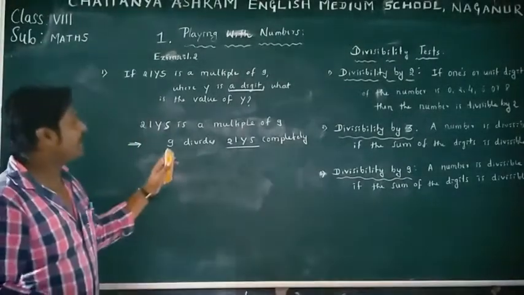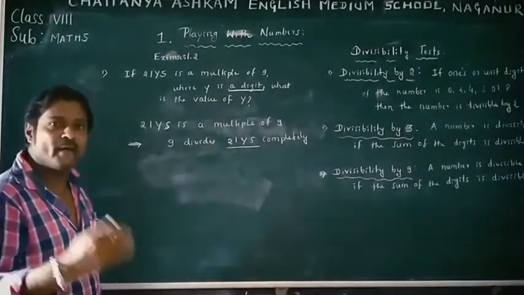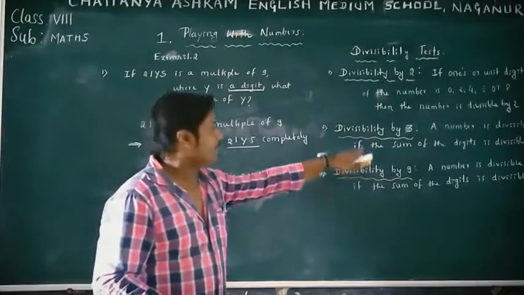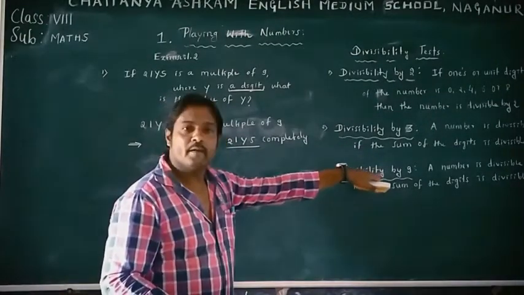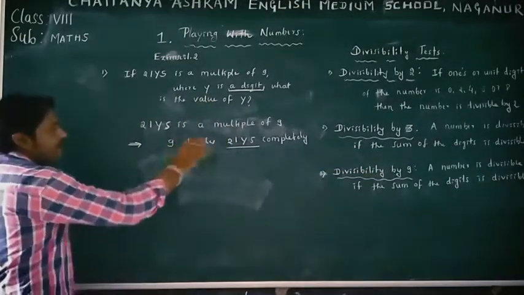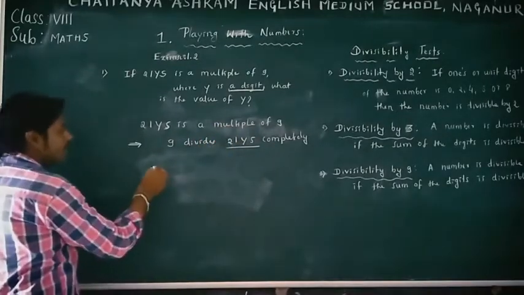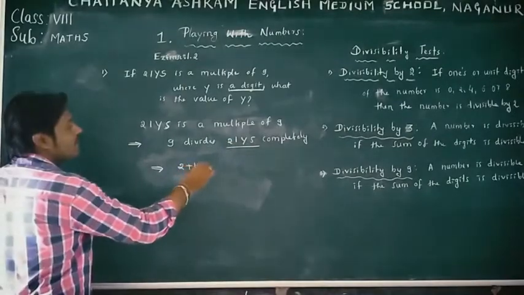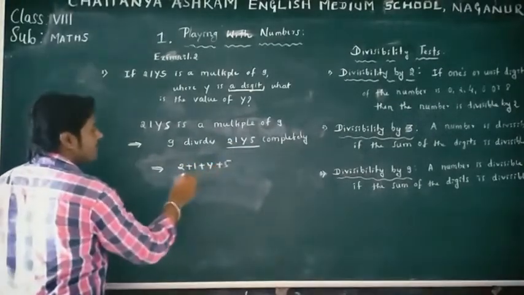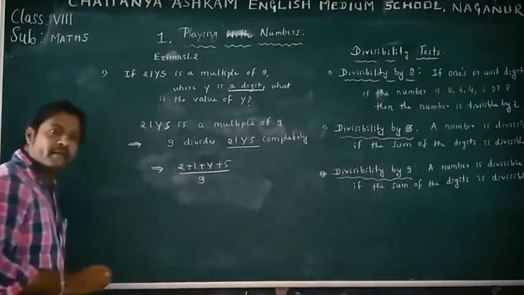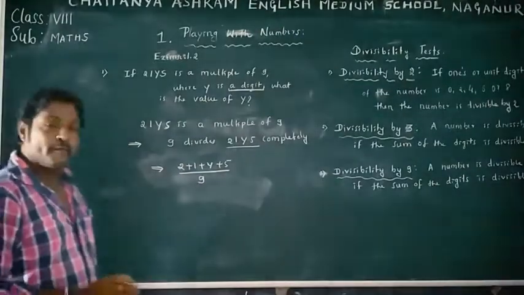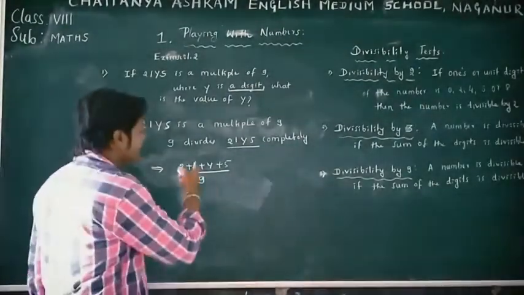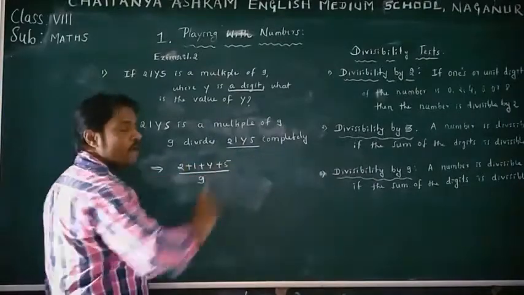Then only 9 divides this number, otherwise not, according to the divisibility rule of 9. So 9 divides this number completely, which implies the sum of the digits 2 plus 1 plus y plus 5 is divisible by 9.